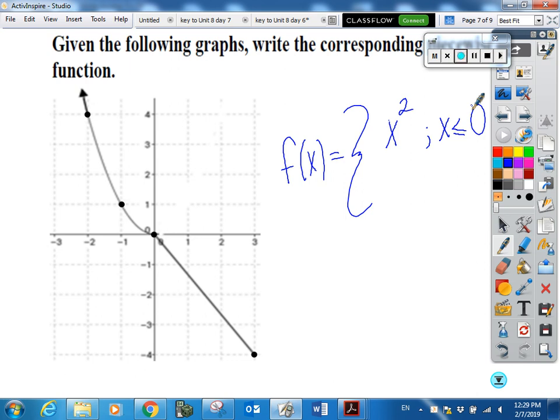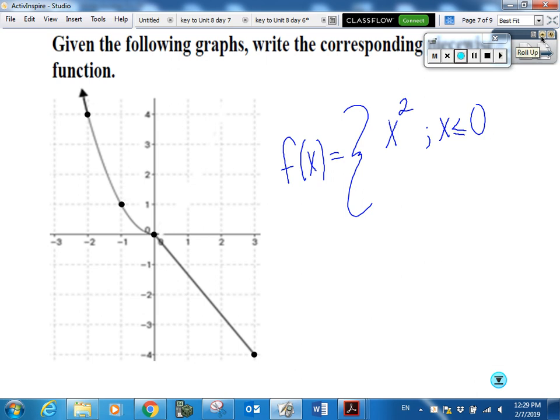So there's one piece. Then we have this line. y equals mx plus b. Slope is rise over run. Rise 4, run -3, so -4/3 x. The y-intercept is 0.